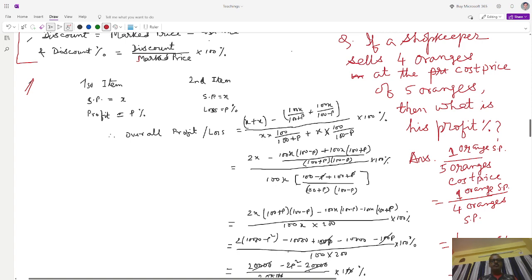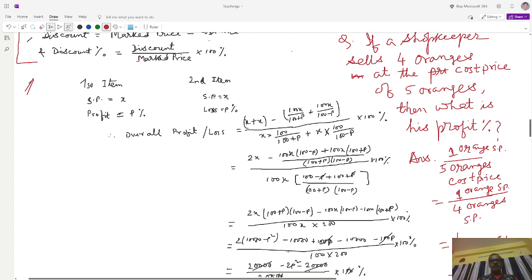Then this profit or loss is out of which value? Out of this cost price, this plus this. For the first item this is the cost price, and for the second item this is the cost price. So the total of cost price.